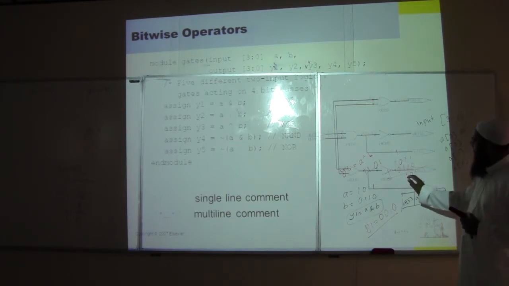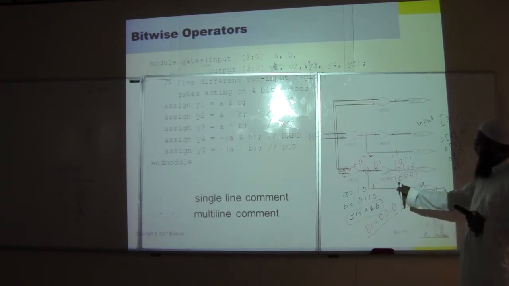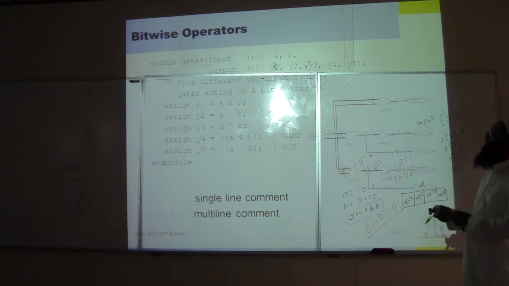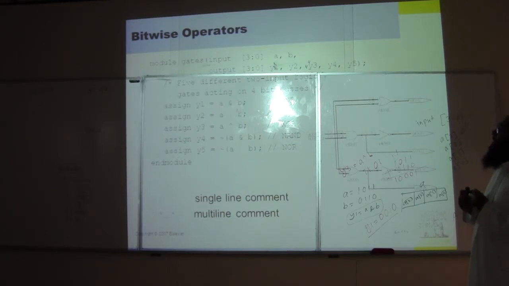So 1 0 1 again a 0. You get 1 1 1 0 1. See, you get an extra bit, 5 bits. Overflow. But here the result is always 4 bits because it is bitwise. There is some addition which is actually the same as bitwise, but it is called modulo arithmetic, modulo 2.